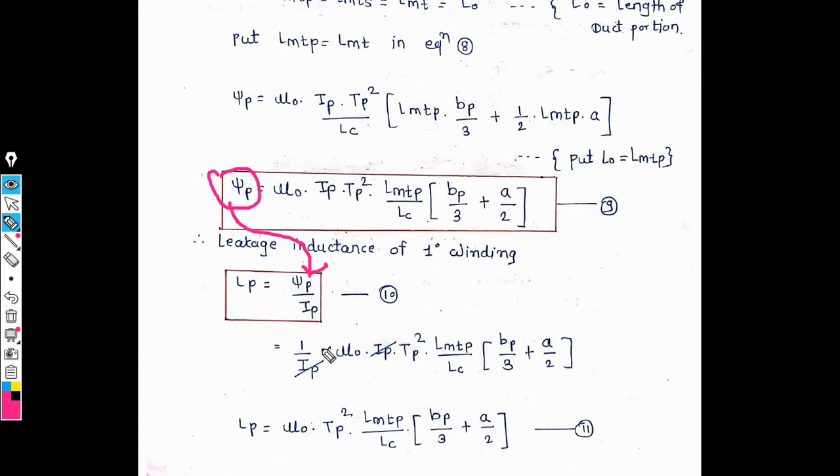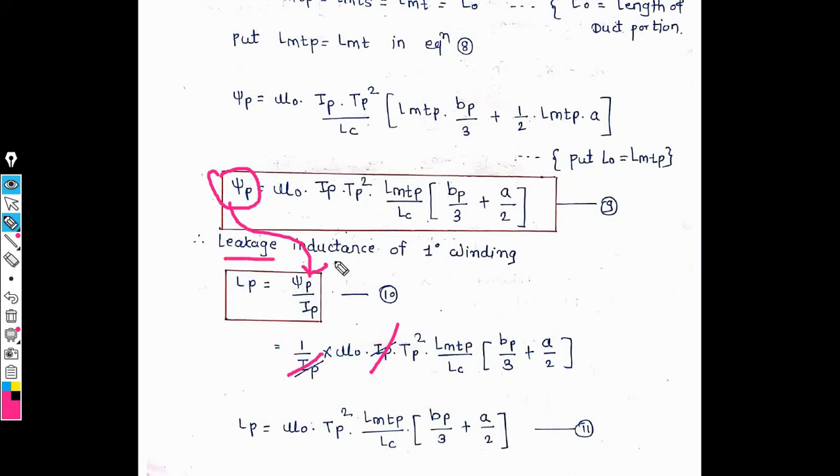Then LP is equal to 1 upon IP into the value of psi p, which is mu 0 into IP into TP square into LMTP upon LC into BP upon 3 plus A by 2. Then IP cancels. Then LP is equal to mu 0 into TP square into length of mean turn of primary winding upon LC into bracket BP upon 3 plus A by 2.